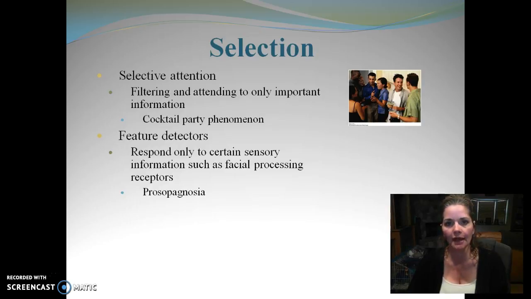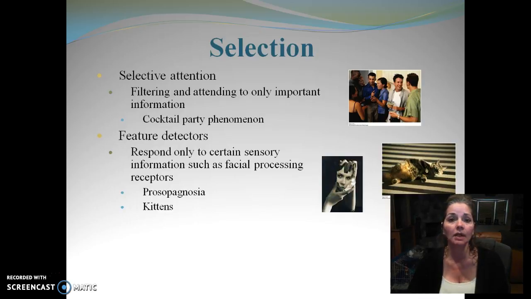Prosopagnosia is in fact the inability to recognize faces. Sometimes people can't even recognize their own faces, or they can't recognize the faces of their children. Tara Fall is one such individual. She's actually come out and spoke at MSJC for our psychology club.